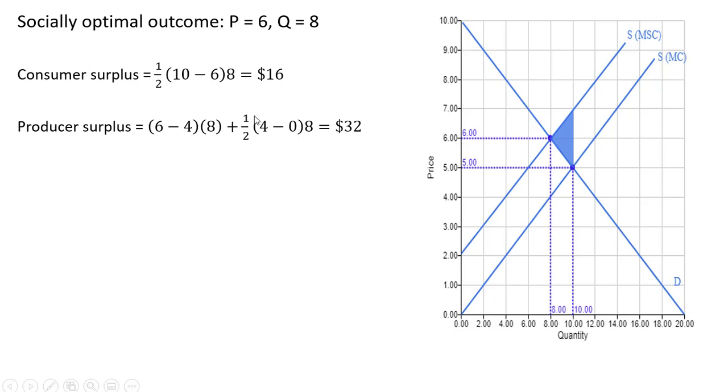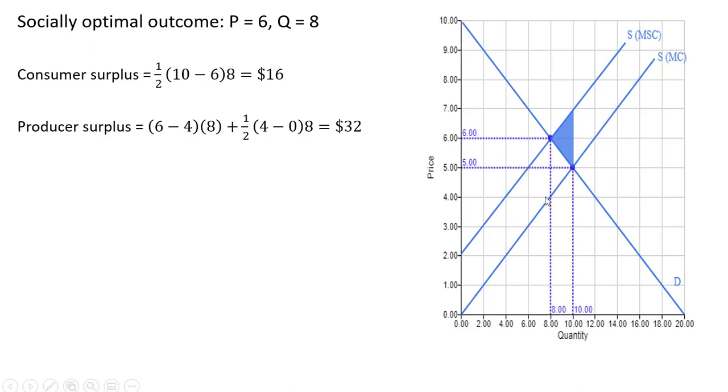Producer surplus is going to be the difference between the $6 and the marginal cost curve. And this calculation is a little bit tricky because we're dealing with basically 2 areas, a rectangle and a triangle. So I'm going to break down producer surplus into 2 areas. But again, the big picture here, producer surplus is the difference between the $6 and the private marginal cost curve.